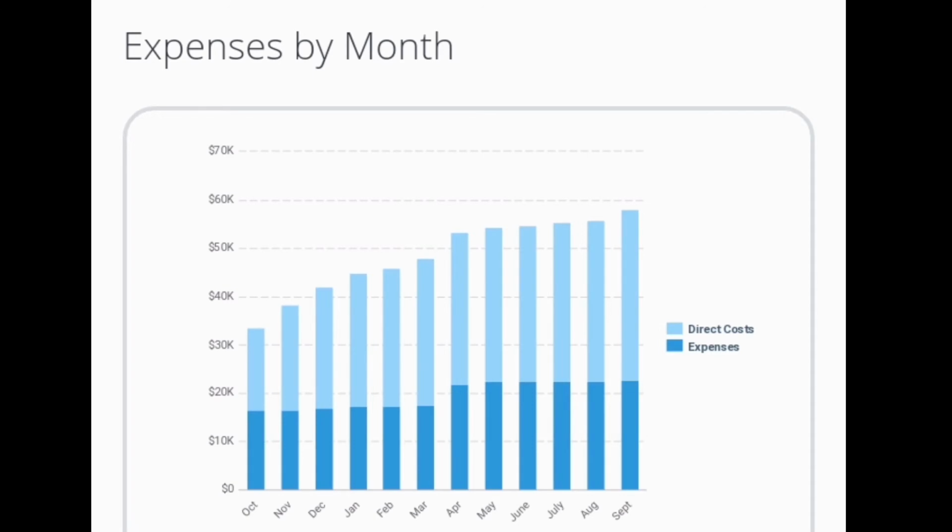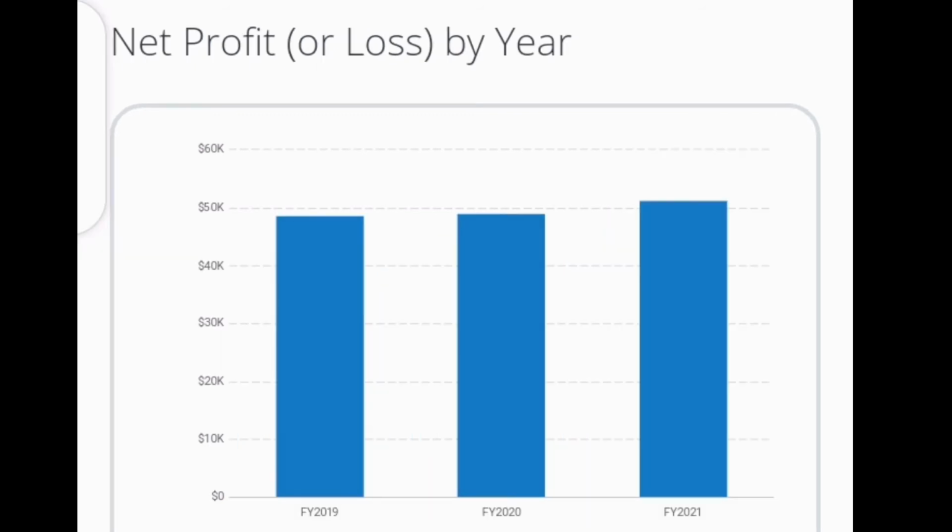Next, we have an estimated expenses chart for the month. So we can see our direct costs and expenses from the month of October to September. We have our net profit or loss by the year for the years 2019, 2020, and 2021 respectively.